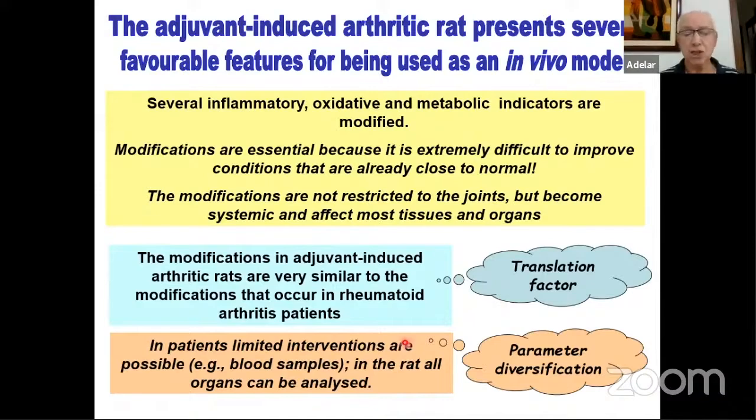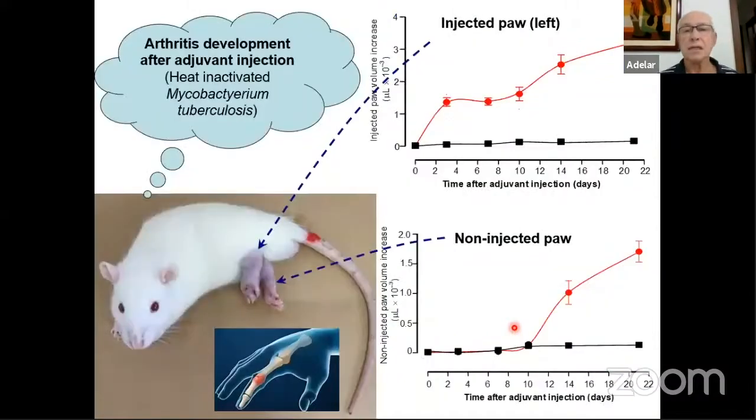Because in actual patients, limited interventions are possible. You can obtain, for example, blood samples, or eventually samples from other tissues. In the rat, however, all organs can be analyzed. So you will have a parameter diversification, which certainly increases the importance of the results you are obtaining.